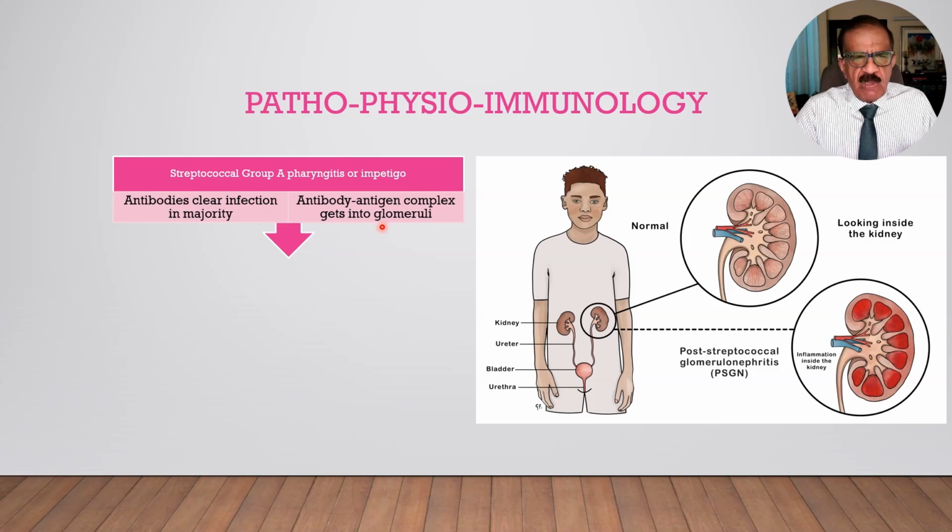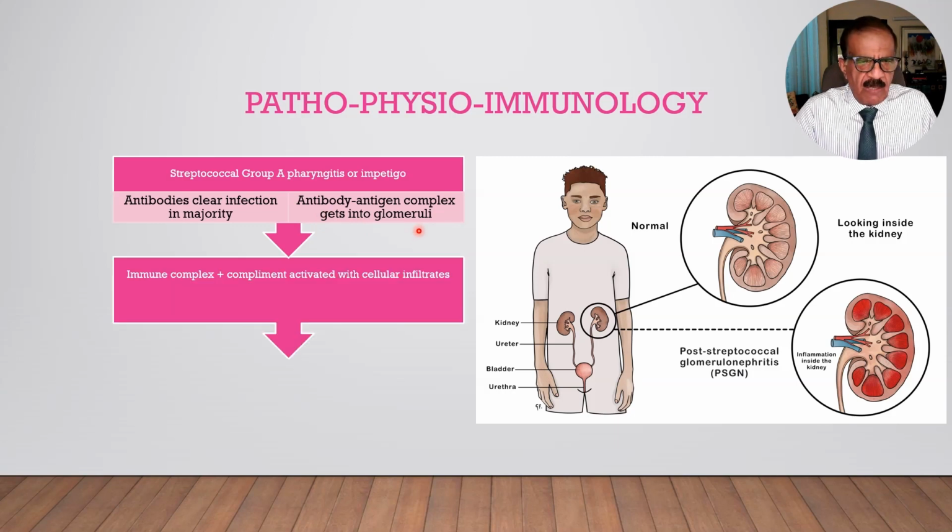Why particularly the glomeruli? Maybe because of some antigenic similarity, or just chance, or maybe because a lot of blood flow goes through the kidney. So these immune complexes get trapped in the glomeruli, and there they induce very intense inflammation.